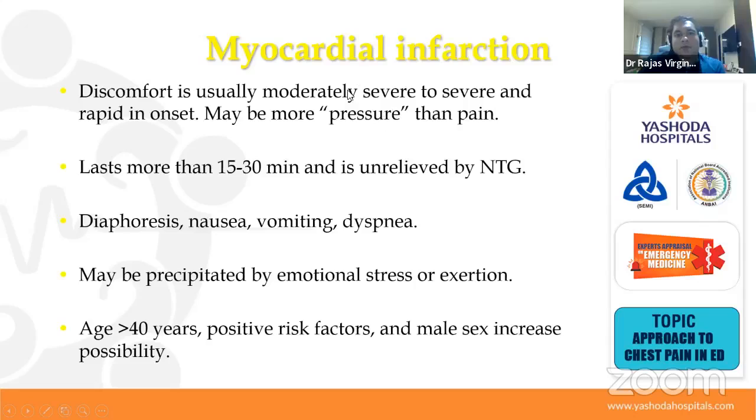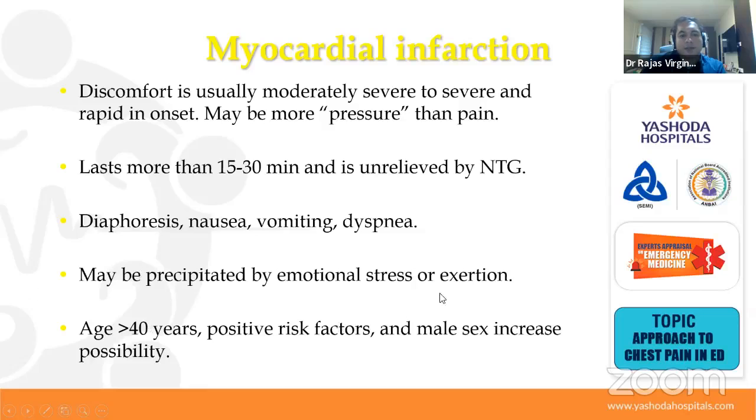So coming to myocardial infarction, it's quite a severe discomfort, and it can be rapid in onset. Some people have described pressure more than pain, and it's generally not relieved with NTG. They can be associated with sweating, nausea, vomiting, breathlessness, as we discussed before.